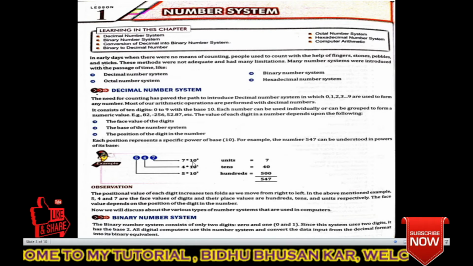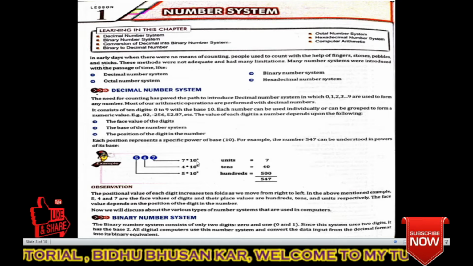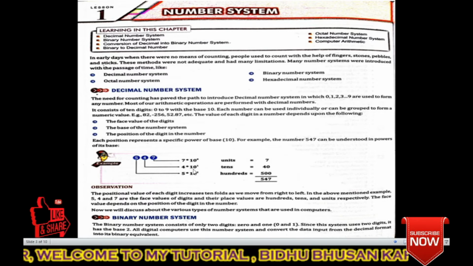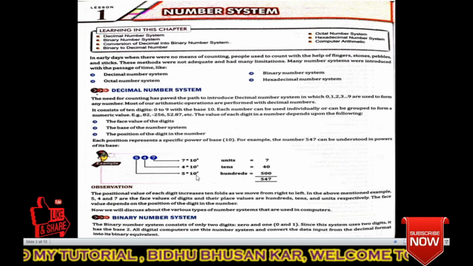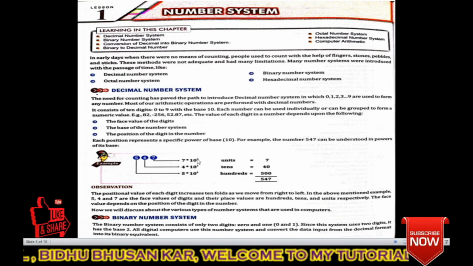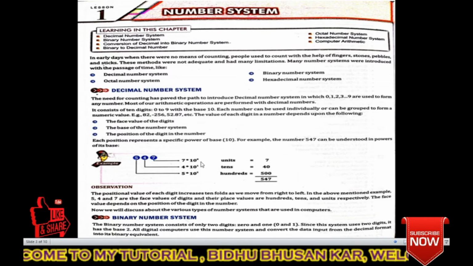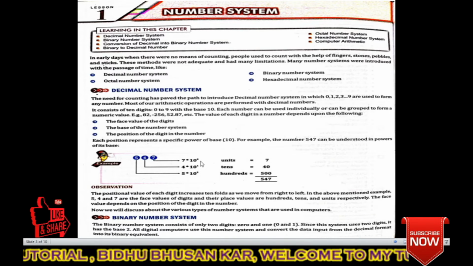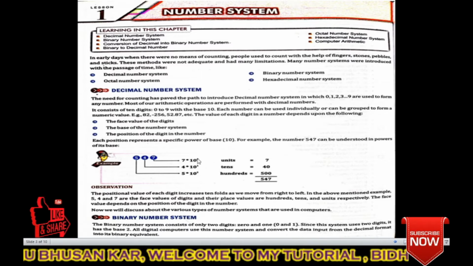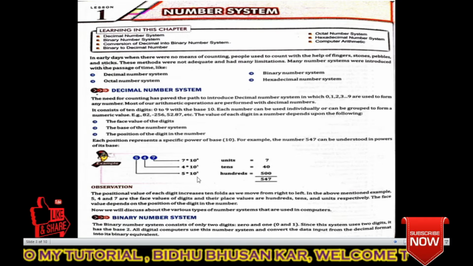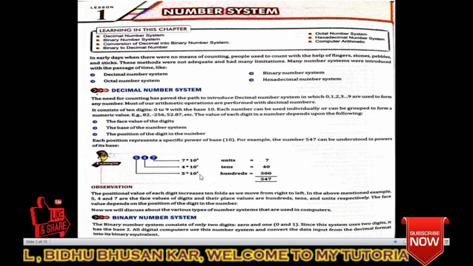Here it is 4 into 10 to the power 1. Here 5 into 10 to the power 2. Always remember that 10 to the power 0 means 1. 10 to the power 1 means 10. 10 to the power 2 means 10 into 10.